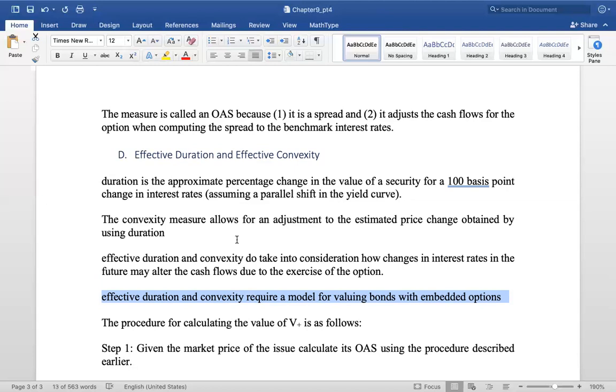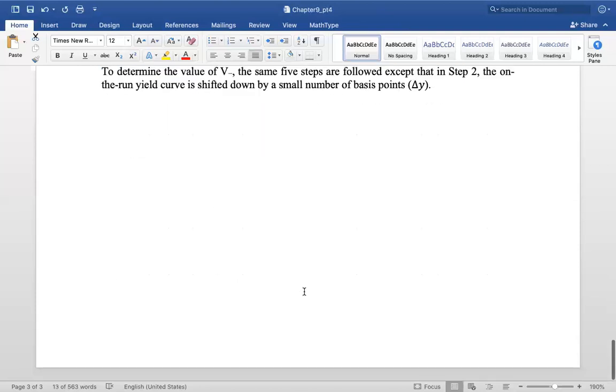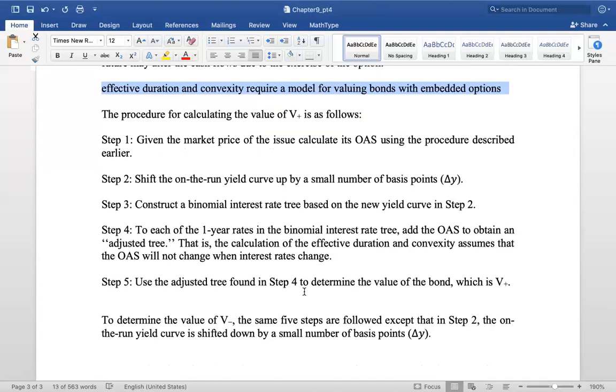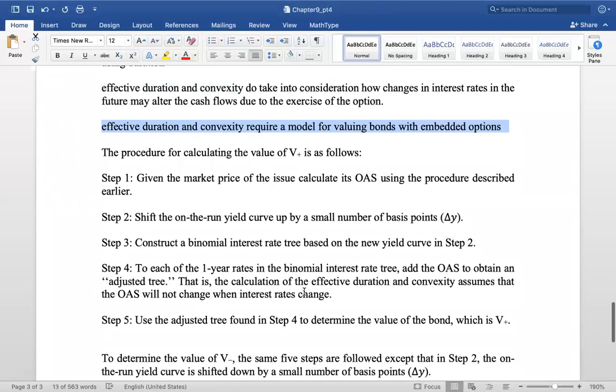What will be the process for calculating the V positive and V negative values in that calculation we do for duration and convexity? So these are the steps we are going to follow. Given the market price of the issue, calculate its OAS using the procedure described earlier. The procedure we just described, we have to first calculate OAS.